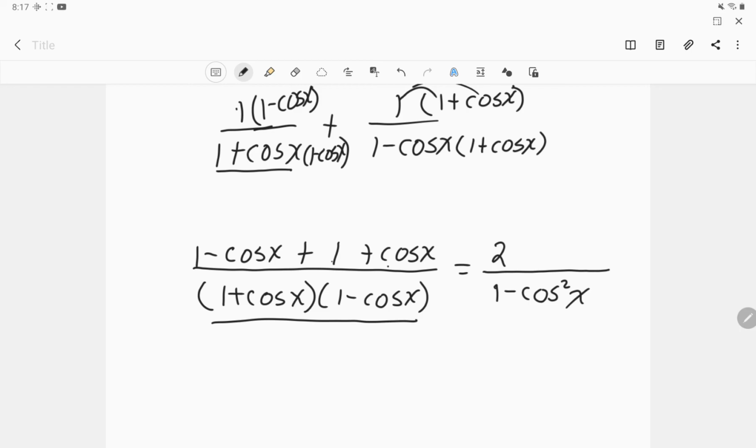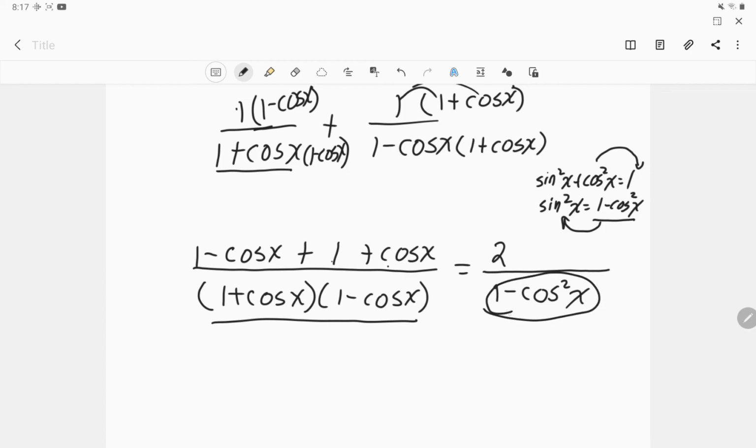Go back again to that trig identity that says sine squared x plus cos squared x equals 1. Rearrange it, this time moving your cos over: sine squared x equals 1 minus cos squared x.